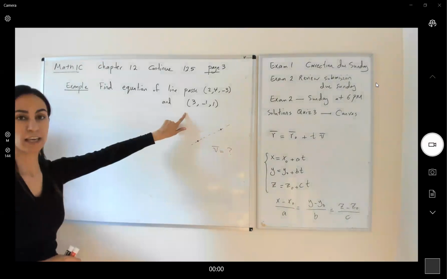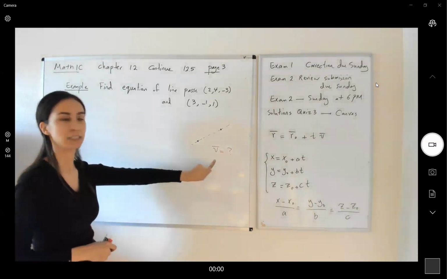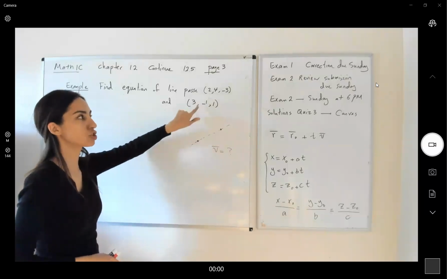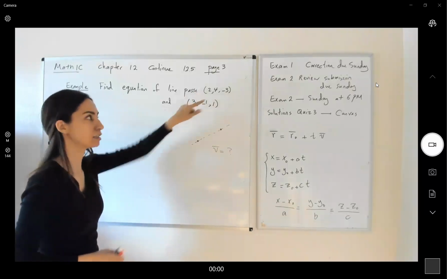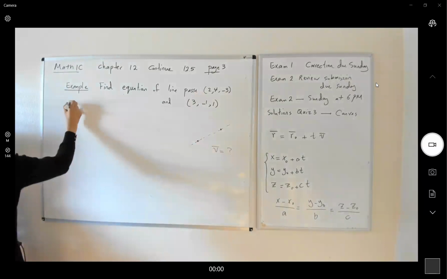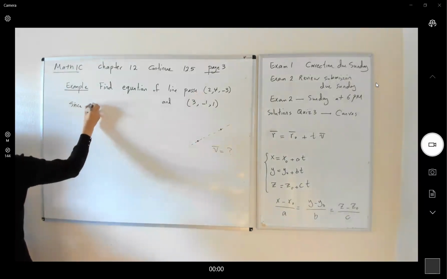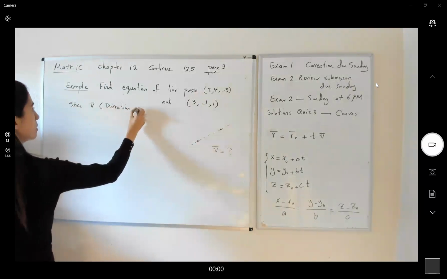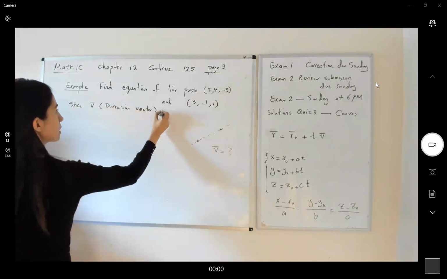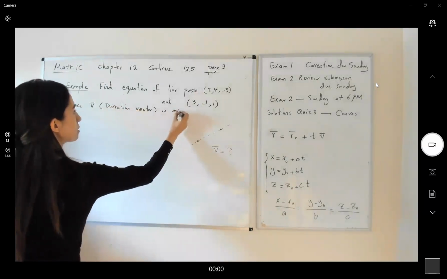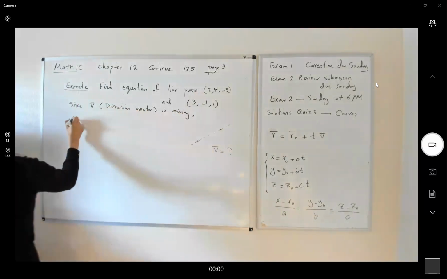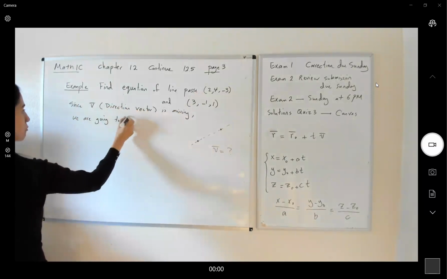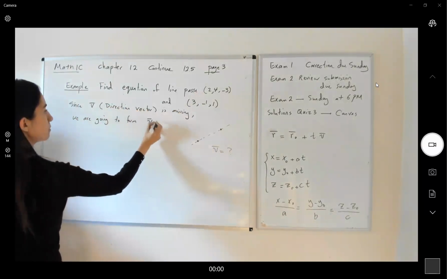So in this case, if you have a missing directional vector, you're going to form a directional vector connecting these 2 points. Since v, the direction vector, is missing, we're going to form v.